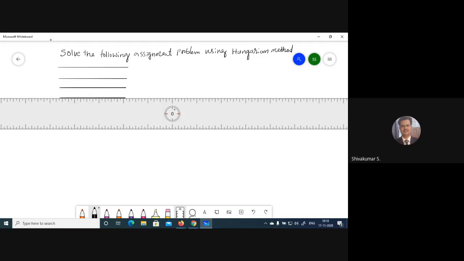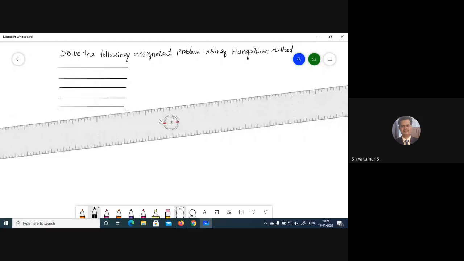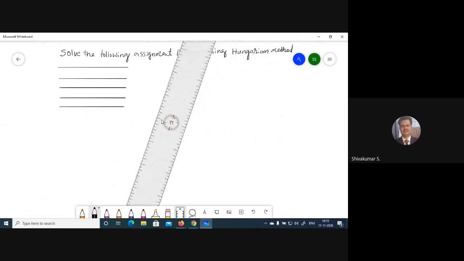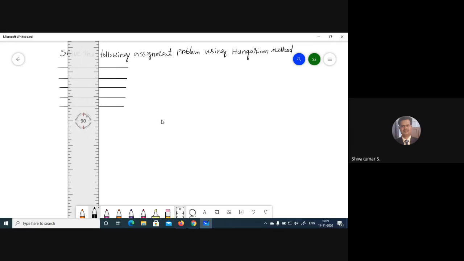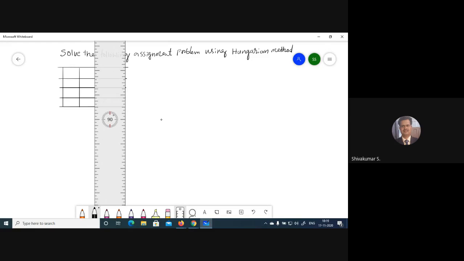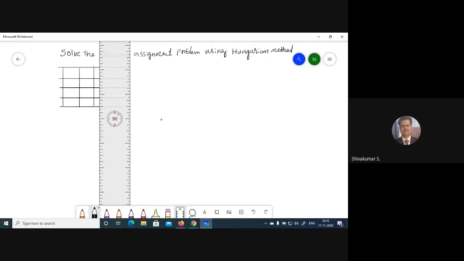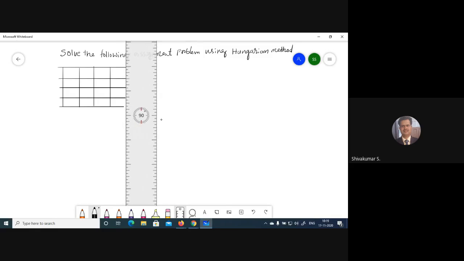There are 4 rows and 4 columns. Take a small problem of 4 by 4.